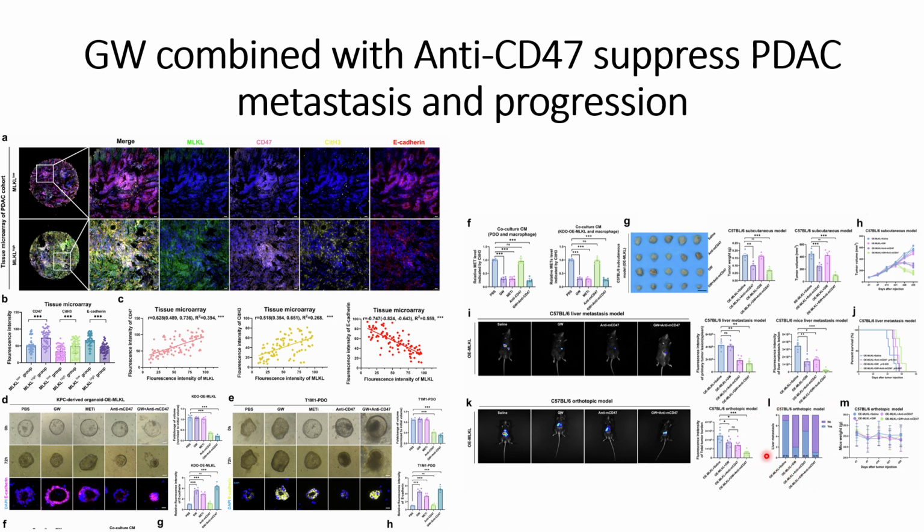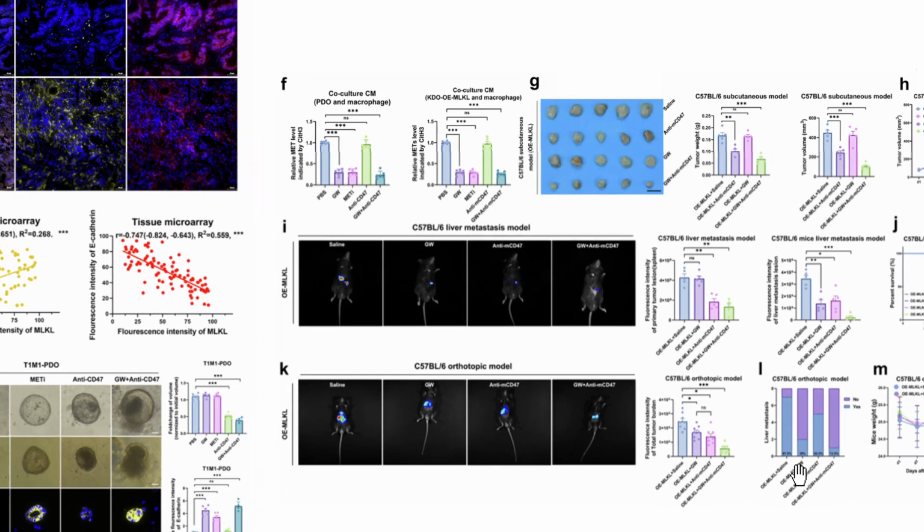And when they check the liver metastasis, what they have found out is that liver metastases are higher when the MLKL is overexpressed, but they are lower when these antibodies are used.